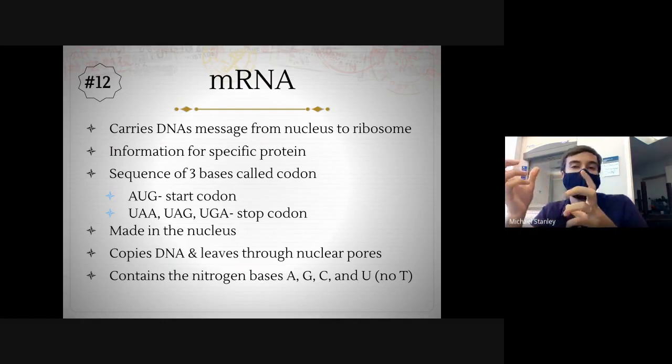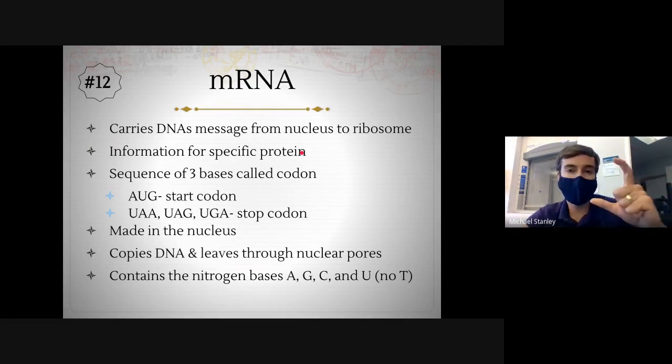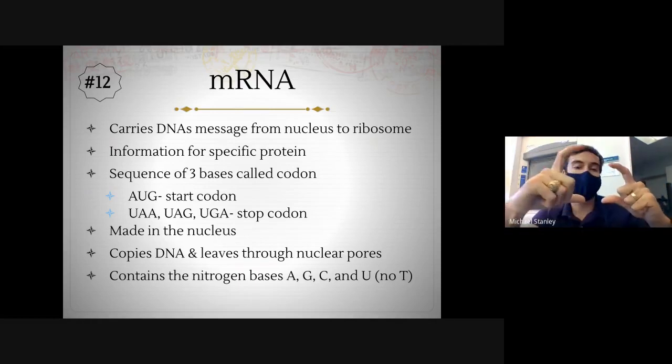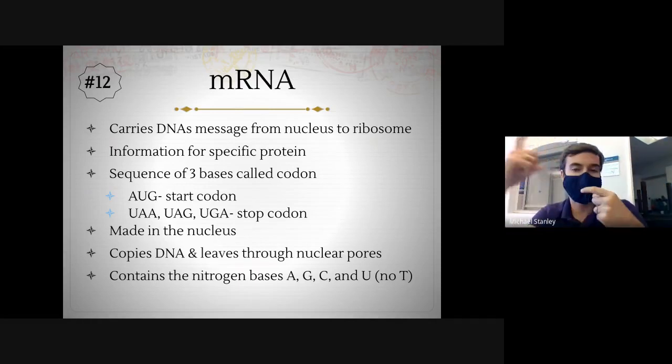And so a strand of mRNA contains the instructions for making a specific protein. So again, we have our gene on our DNA that has our specific protein instructions. The mRNA comes in, copies that gene, and then takes that copy to the ribosome.